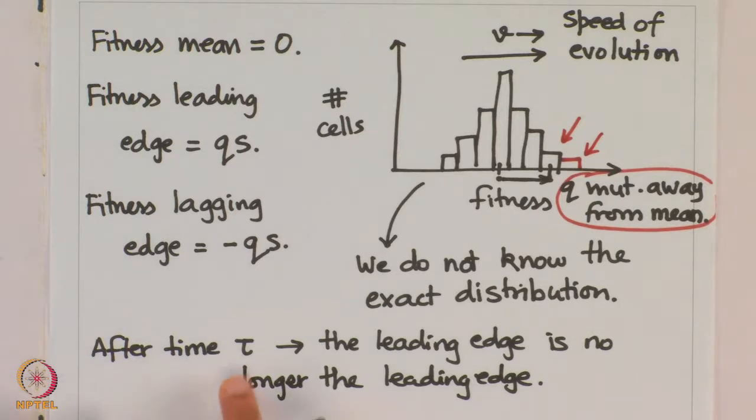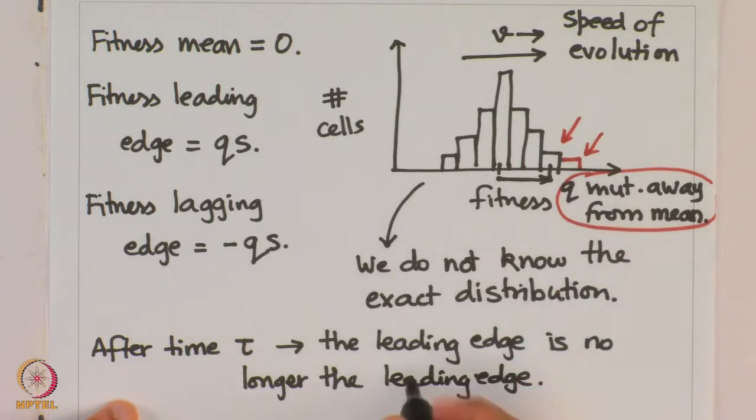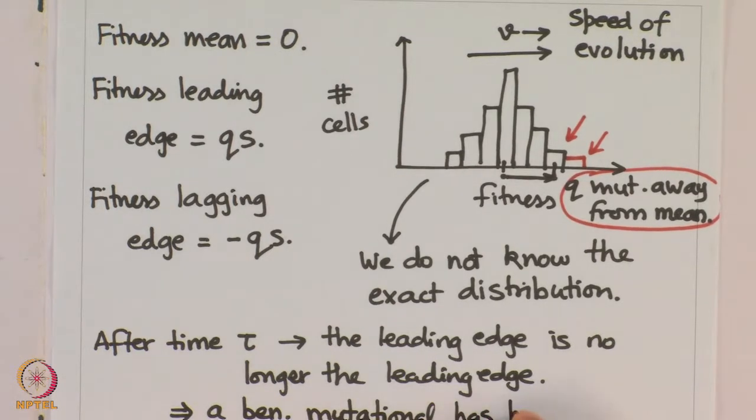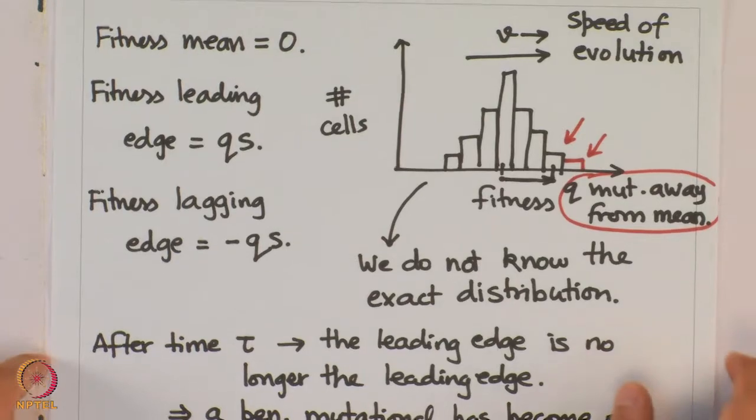So, tau is the time it takes for this culture to have another beneficial mutation get established, so that the leading edge is no longer the leading edge. So, let tau be the time.